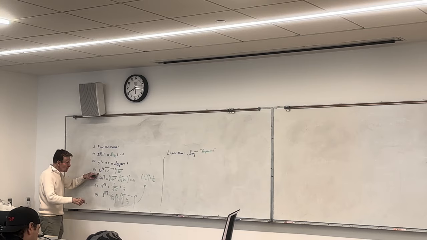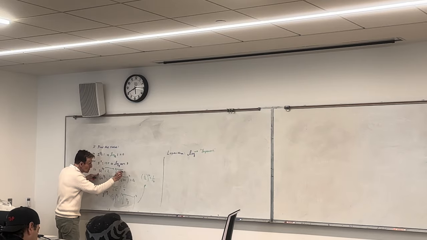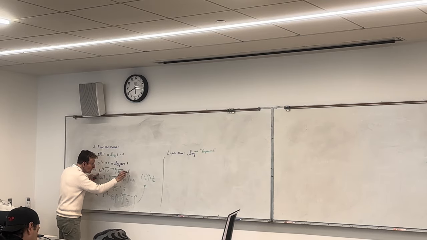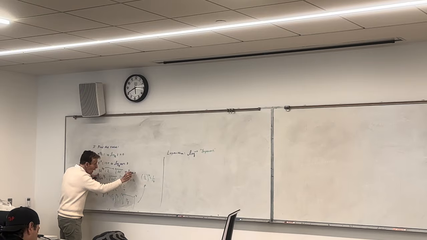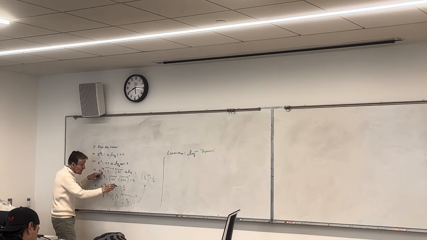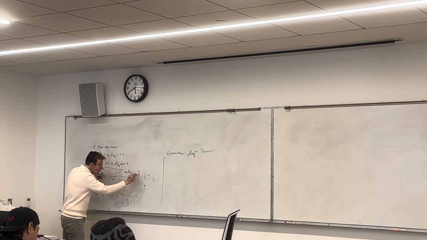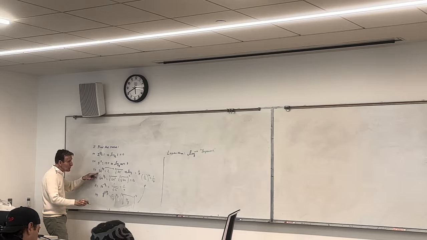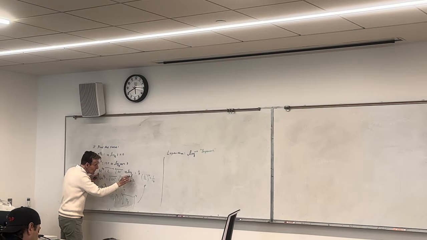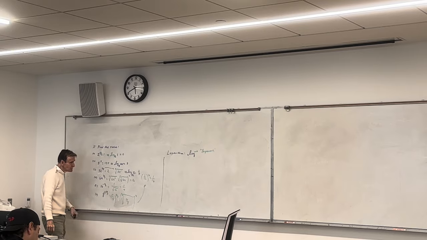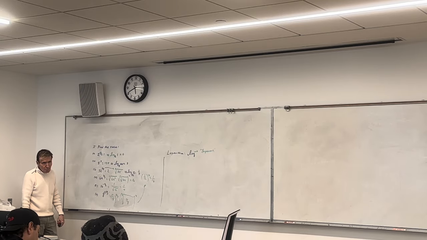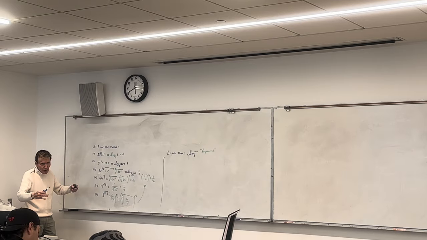Down here, 32 raised to the 1/5, we said it was 2. In logarithmic form, the log, the exponent, was 1/5. When was that happening? The base was 32, and my number was 2. It's running from one to the other.